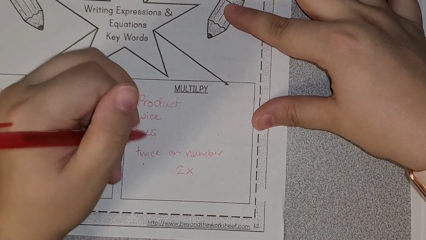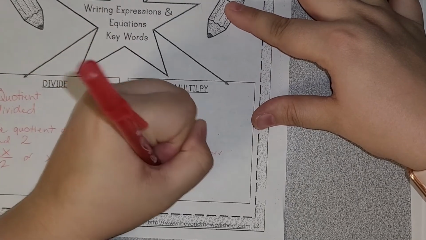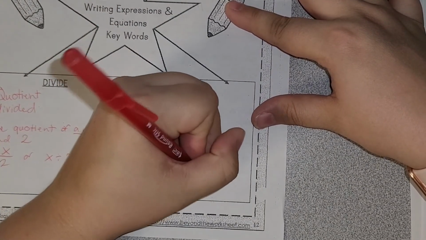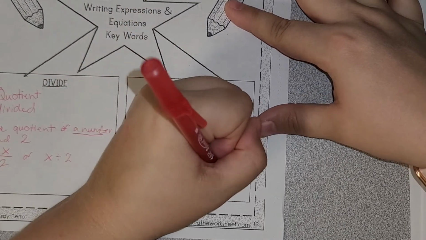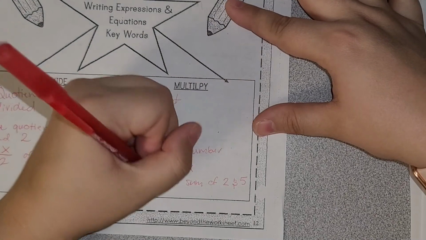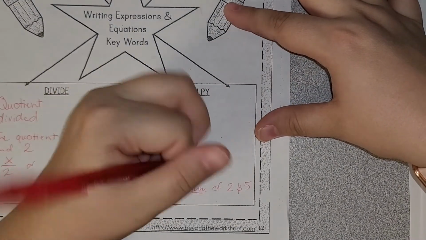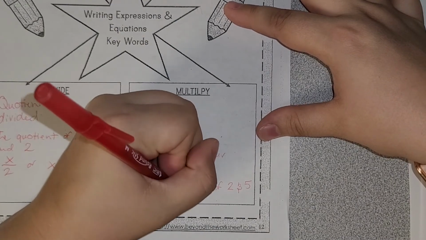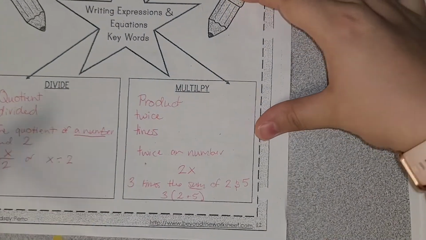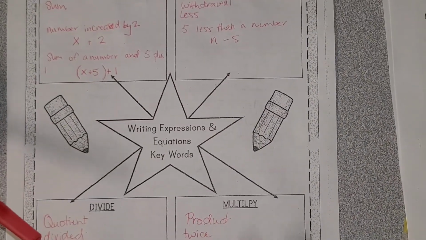A big one would be if I said 3 times the sum of 2 and 5, I would write 3 with parentheses, because that word sum, that's a big one, 2 plus 5. All right. This will help you a lot on your homework, so I would keep this nearby.